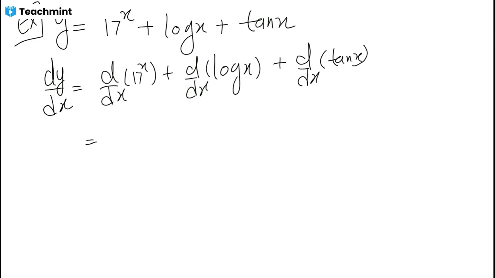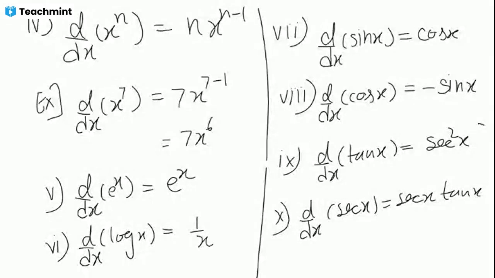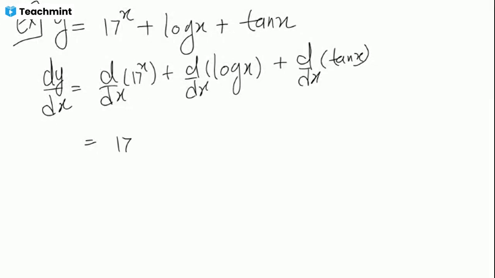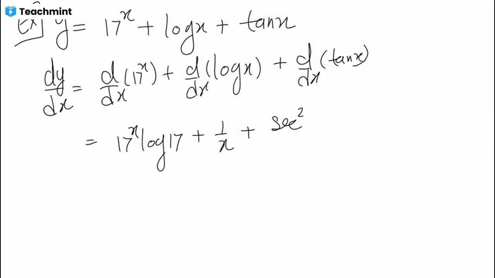And 17 to the power x, compare with the formula a to the power x, where a is any constant. Here instead of a we have 17. Its formula is a to the power x into log a, so it is 17 to the power x into log 17. And differentiation of log x is 1 upon x, and differentiation of tan x is sec square x. So this is the required dy over dx. You got it?